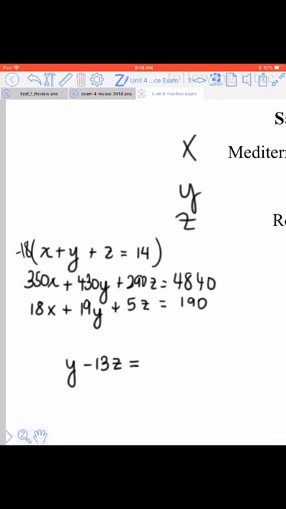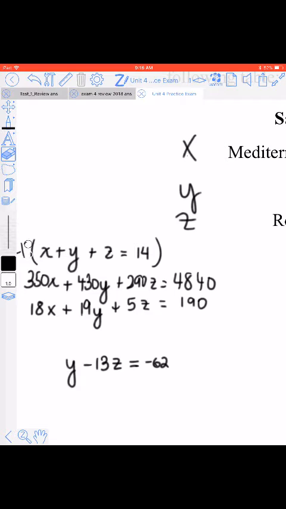If I combine that with the 190, I'm going to get negative 62. So that's a combination of negative 18 times equation 1, and then I added that to equation 3.